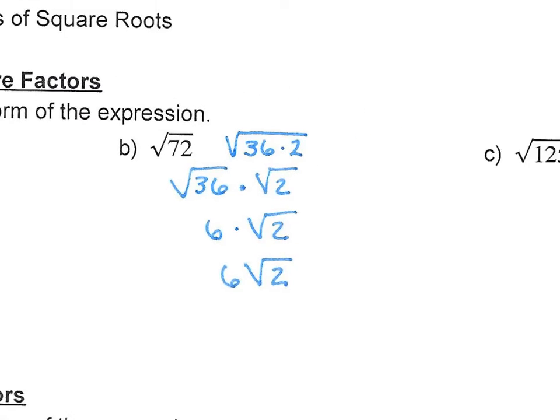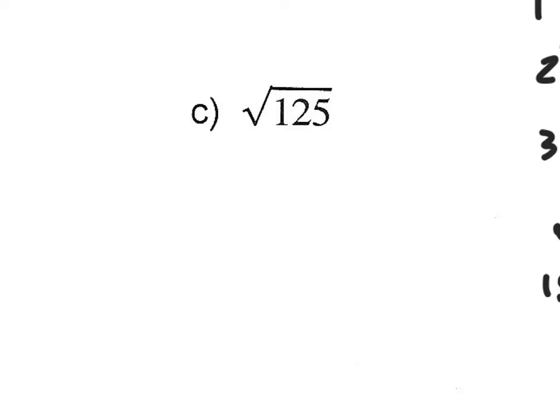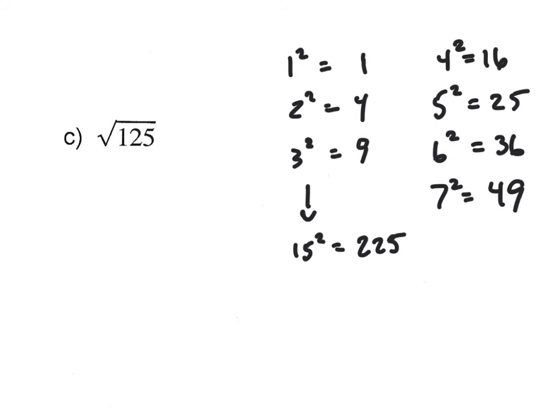And moving forward into this next example, I have 125, and you just start thinking about what's the largest number that will divide into that. If I look at my perfect squares, I'm betting I can throw 25 in there. So this can be rewritten as the square root of 25 times 5, which we know is the square root of 25 times the square root of 5.